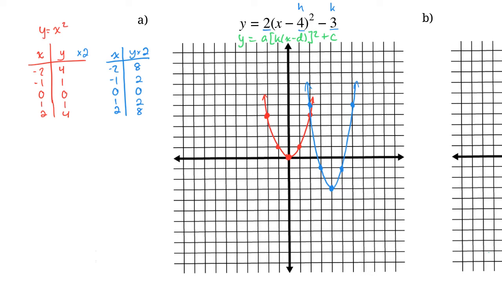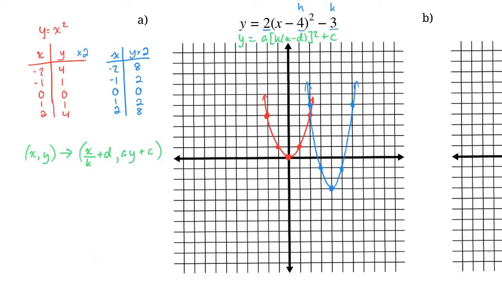So our original points are x and y. Our k value and our d value directly affect our x. So our x value would be divided by k, and then we would add d. Y is being multiplied by a, and then we would add our c value.